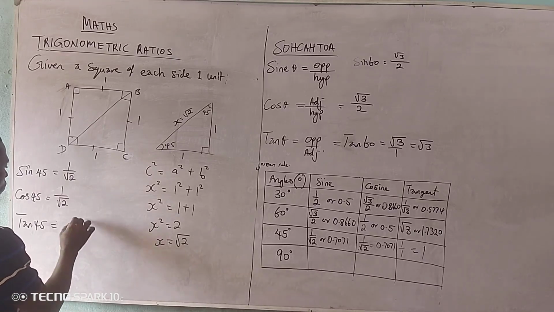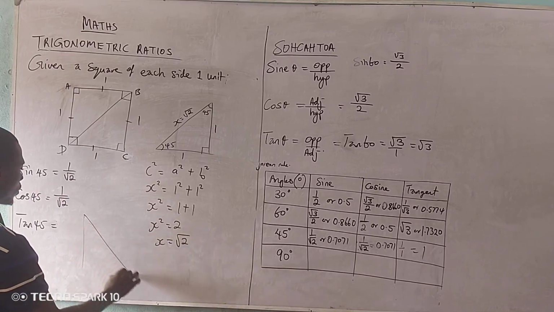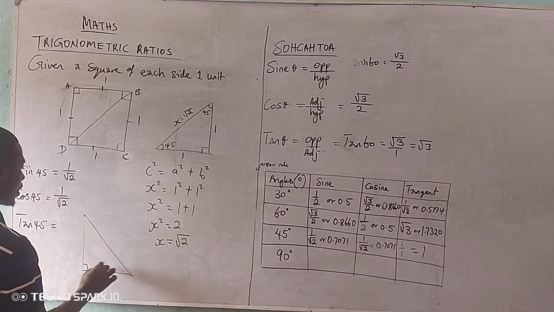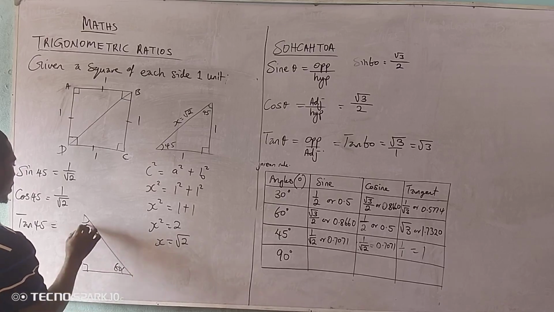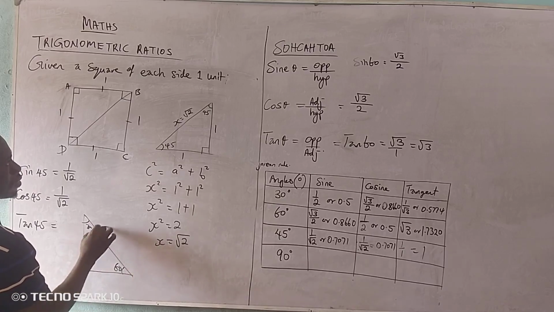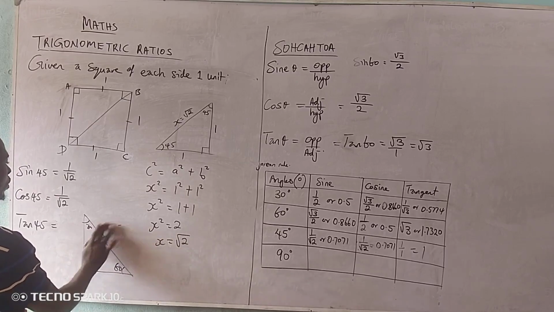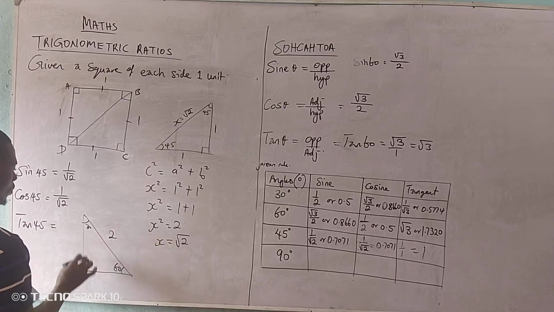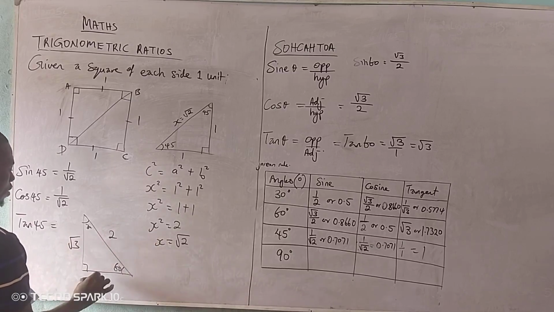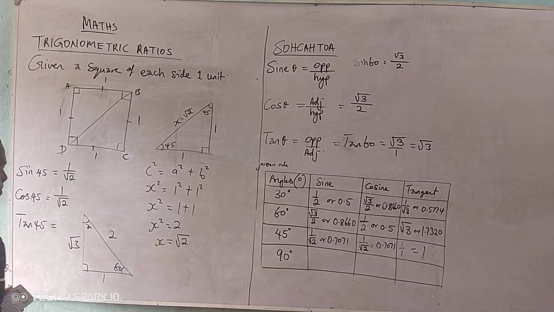We have an equilateral triangle. This is our 90, this is 60, this is 30, this is 2, sorry, this is 2, this is root 3, and this is the 1.